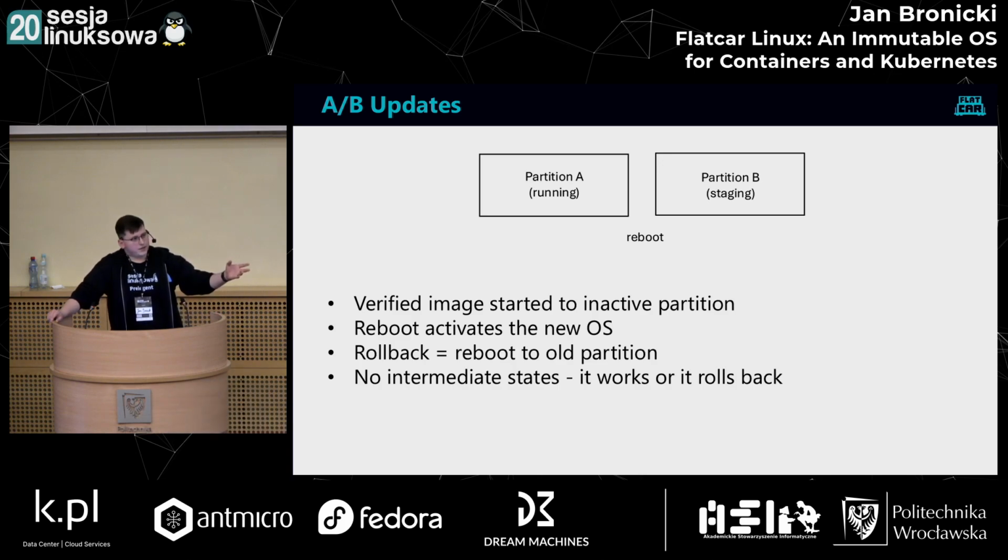Then the first one, A, will also be updated, and that way there's essentially no overlap. And if the update fails for whatever reason, it will roll back to the initial partition that did work. So there are no intermediate states. It either works with the new one or just doesn't and rolls back to what was working before. And we are, of course, notified, and we try to help you.